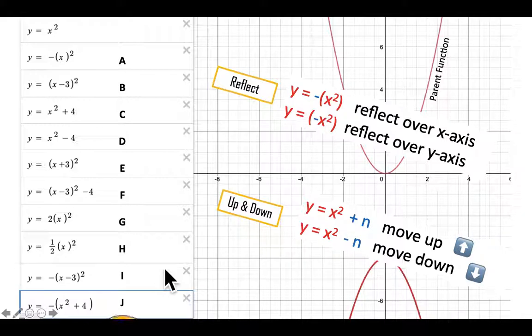So the answer is this one. It's a plus 4. So this one's rather odd. This moved, because we do the function inside first, it moved up here, and then it reflected over the x-axis. So it's y, or rather j, y equals the opposite of the quantity x squared plus 4.